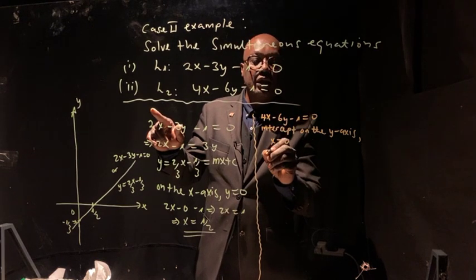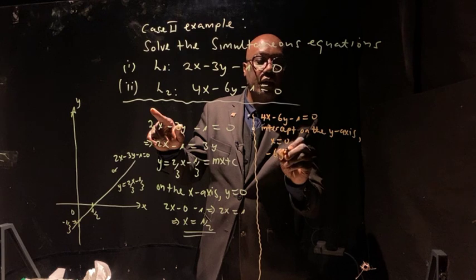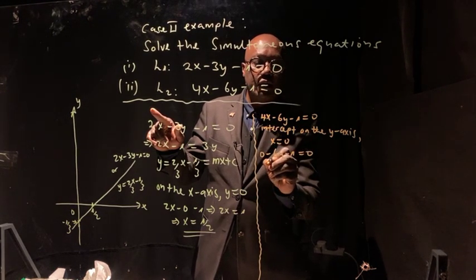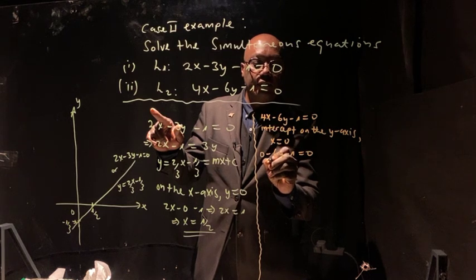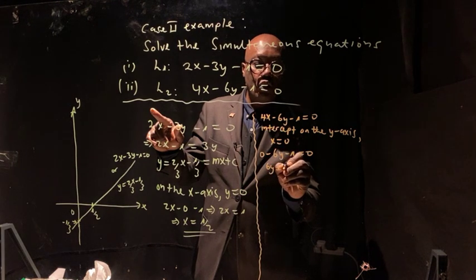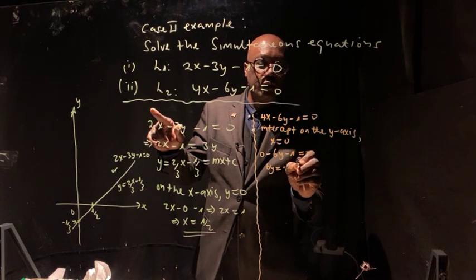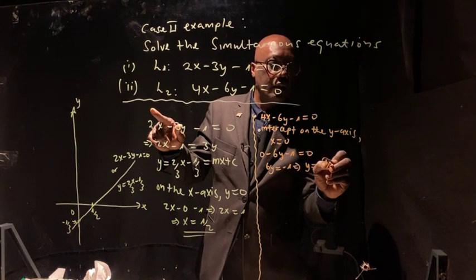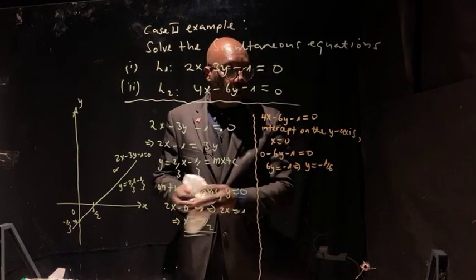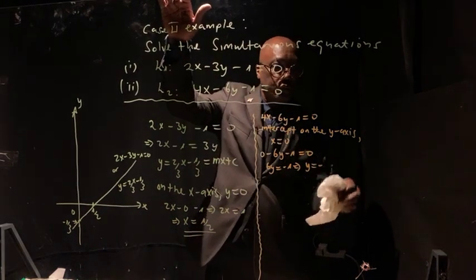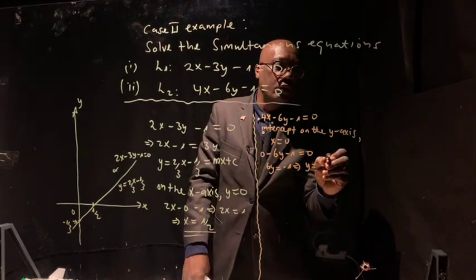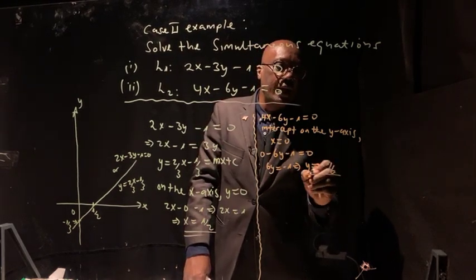Then this equation becomes minus 6y minus 1 equals 0, which indicates that 6y equals minus 1, which implies y equals minus 1/6, the y-axis intercept.